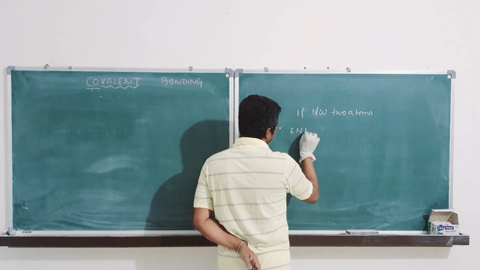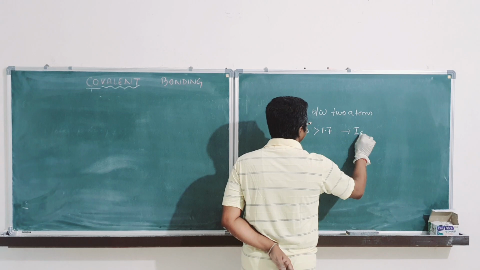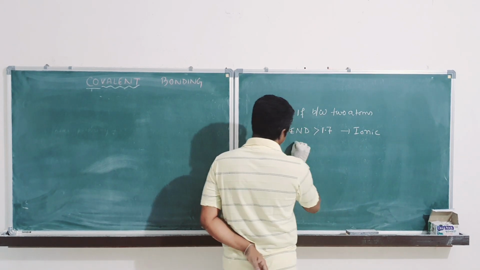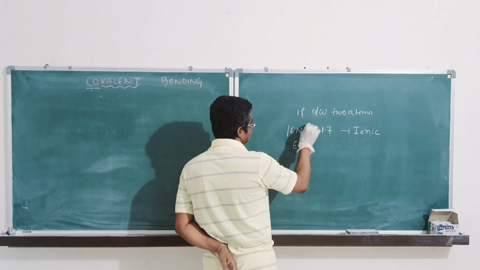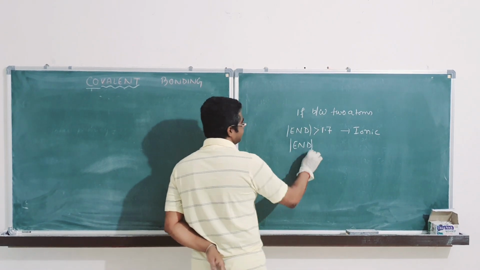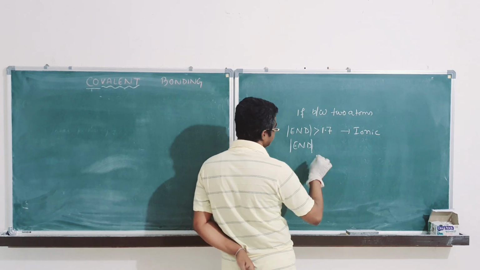So if between two atoms the electronegativity difference is more than 1.7, then the bond is ionic. Okay? If the electronegativity difference, I will write mod, mod is very important. So you have to take only the positive values, modulus, only the positive value. इससे माइनस करो उससे माइनस करो कुछ फर्क नहीं पड़ता है.